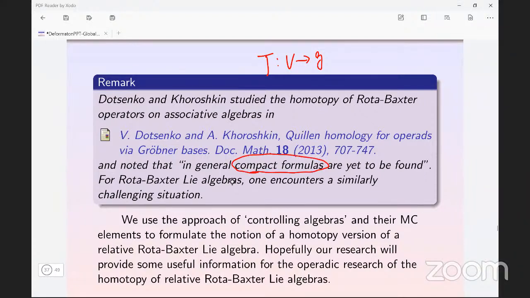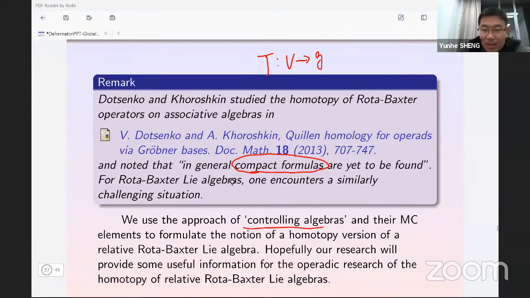They gave some calculations in lower terms, but in general the formulas are not yet found. As I said, people do not know how to study homotopy of relative Rota-Baxter algebras using the operadic approach. Here we use this controlling algebra and their Maurer-Cartan elements to formulate the notion of homotopy relative Rota-Baxter algebra.